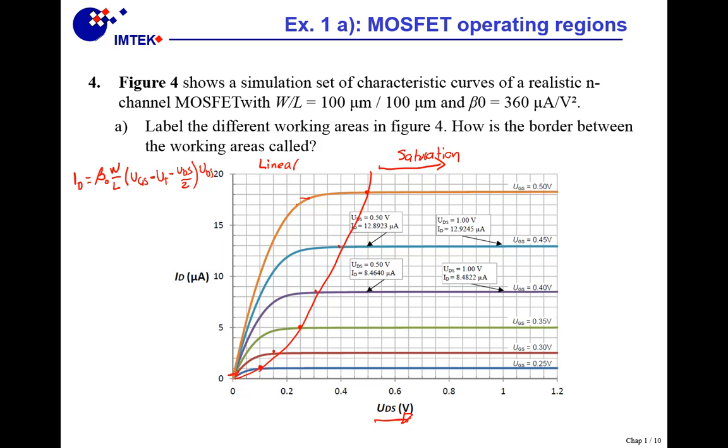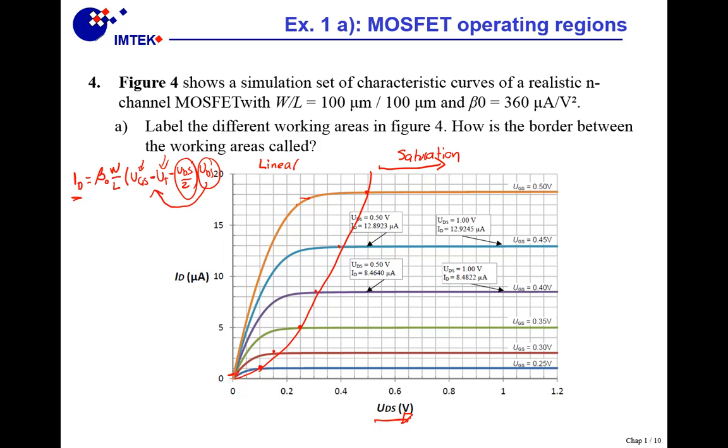Now you can see that in the linear region, the current ID definitely has a dependency on UDS. Maybe it looks like a quadratic dependency. It's not completely quadratic, because if you put this UDS term inside here, you also are affecting this term and this term. So yes, it's a quadratic with some additional influences, but you can see that UDS definitely has an influence on ID.